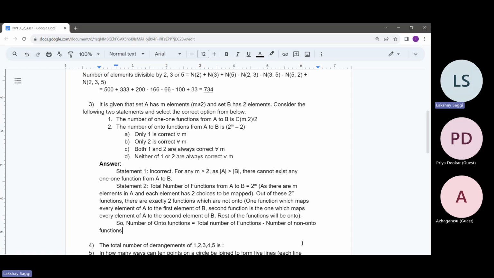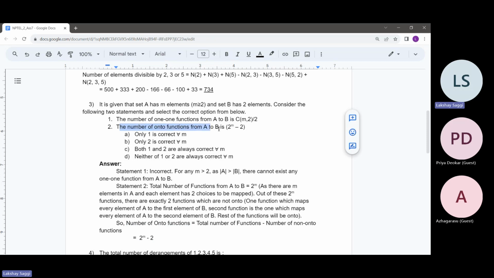A non-onto function is a function which is not onto. The total number of functions is 2 raised to the power m, which we calculated. From this, we subtract the number of non-onto functions. There are exactly two functions which are not onto. So 2 raised to the power m minus 2 will be my answer for the number of onto functions.